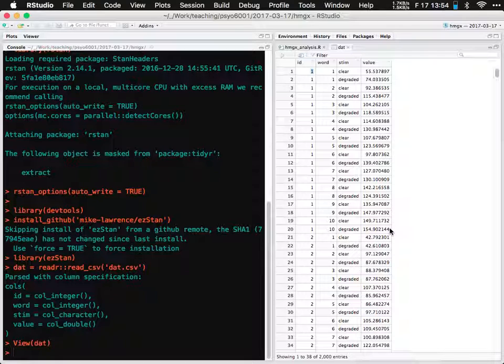What that's effectively doing is asking what the variability would be if we removed person as a source of variability. That would give us a lot lower variability.